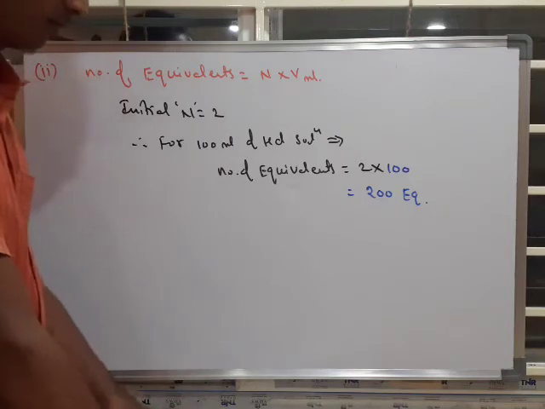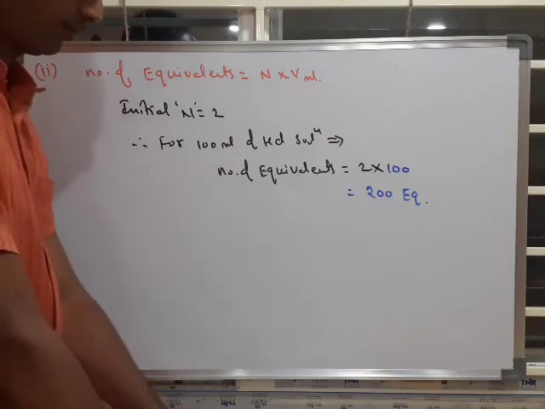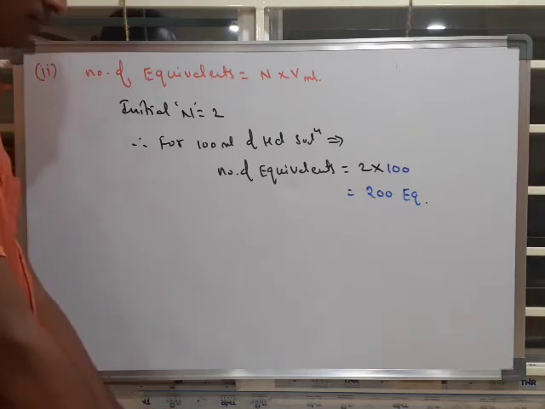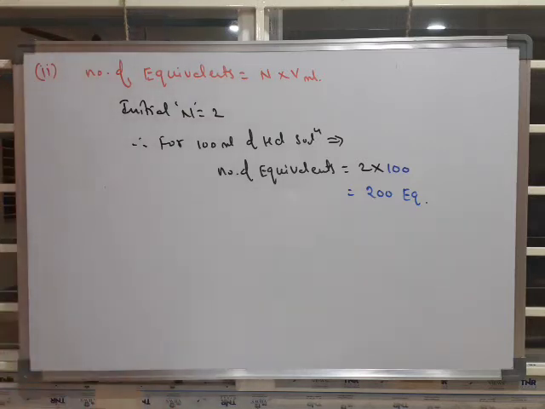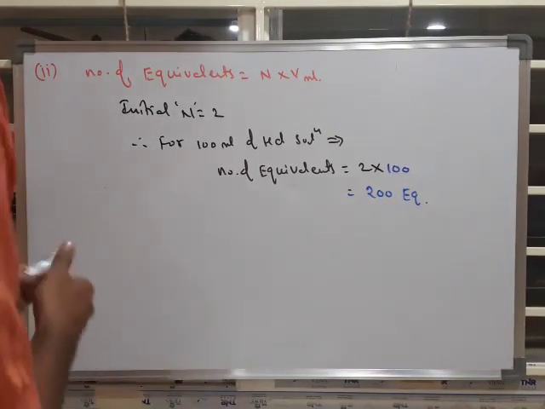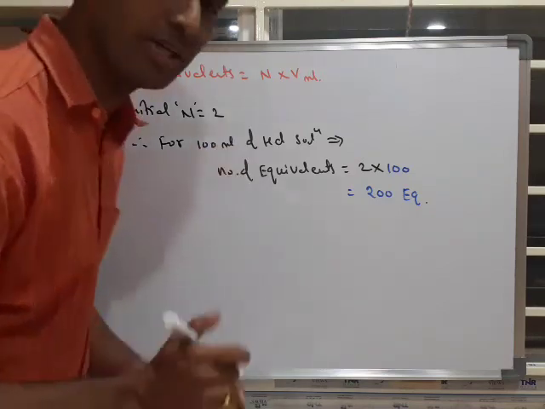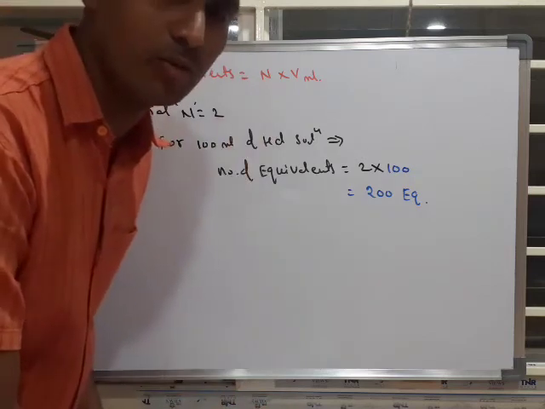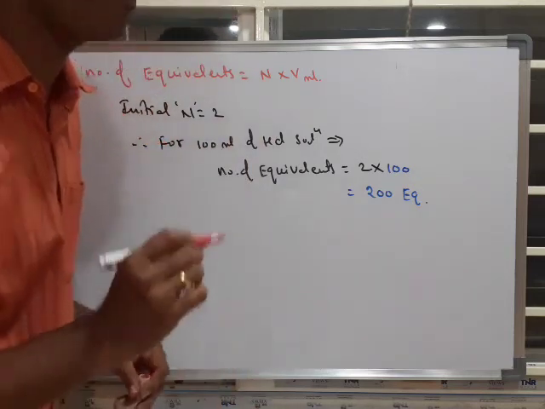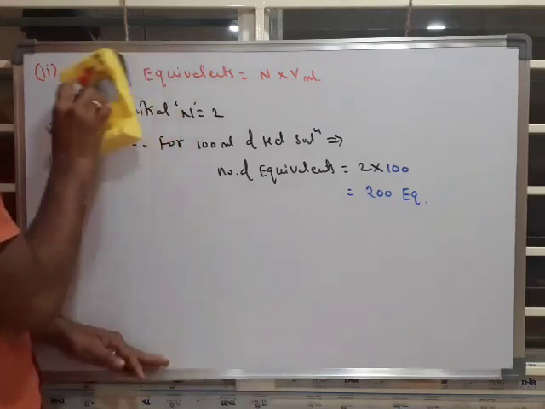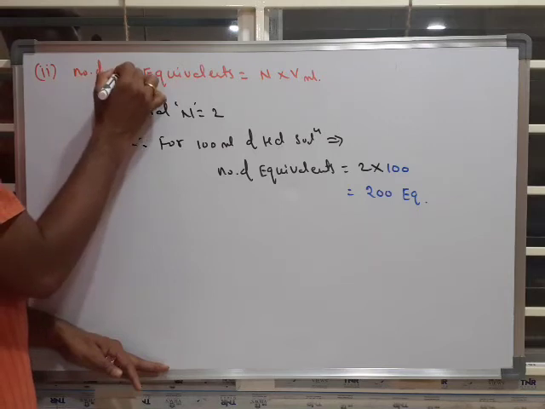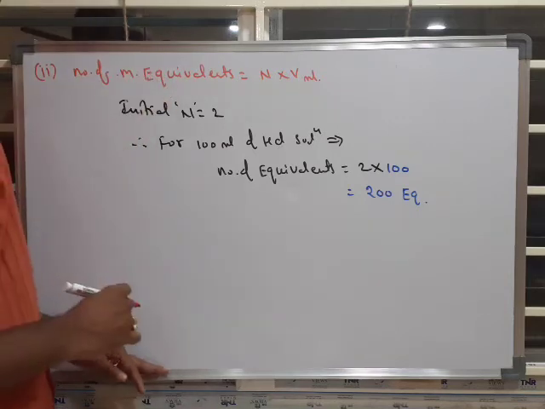So what we did is use the formula normality into volume in milliliter, which is actually the formula for the number of milli equivalents.